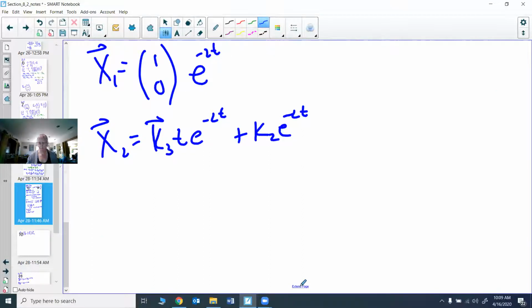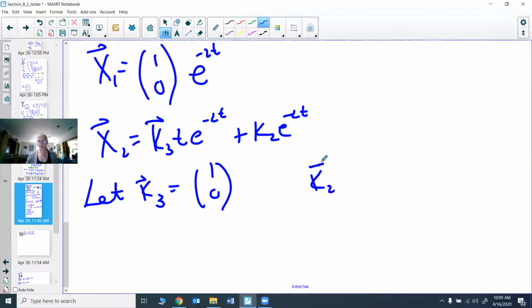Okay. Now, like I said, we can let k3 be the same as k1. So let's let k3 equal 1, 0. There's no reason why it can't do that. Okay, k2 is going to equal a new matrix, and the book likes to use a P for this.